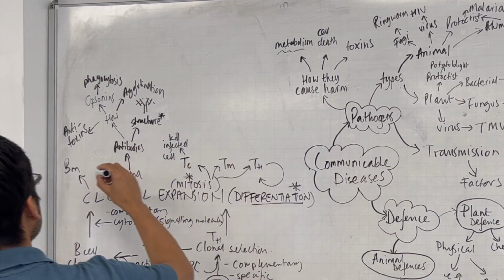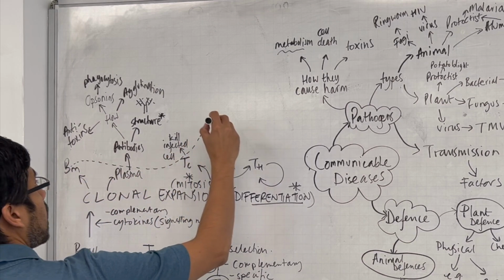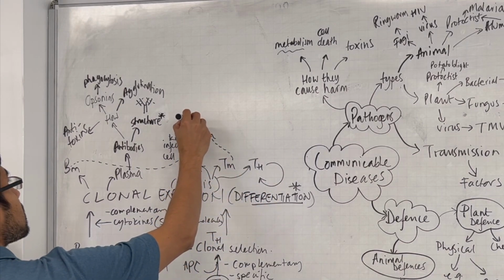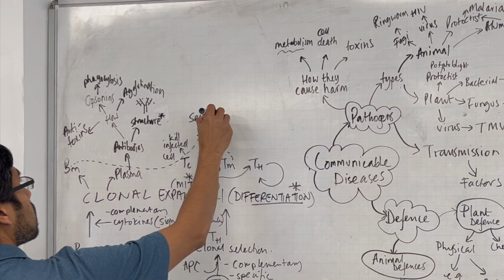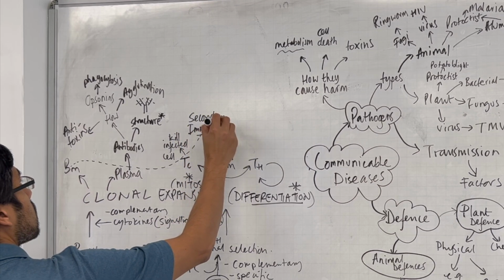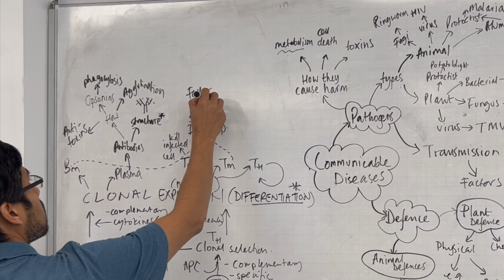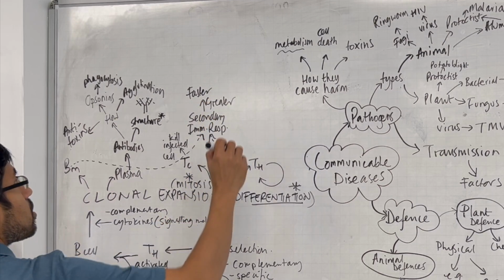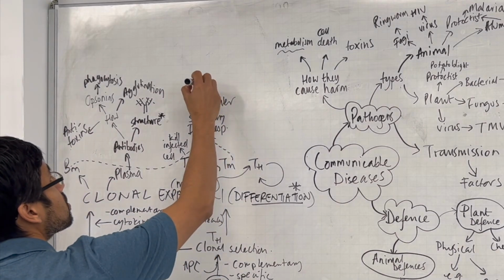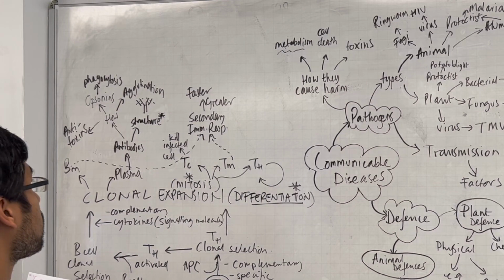But because of the B memory and the T memory cells, we can have something called the secondary immune response, which can be 2 things: faster and greater, faster and bigger, right? Which ultimately means fewer symptoms as a result of the secondary response.